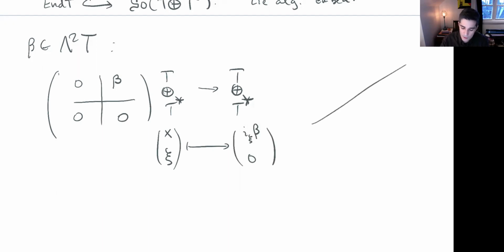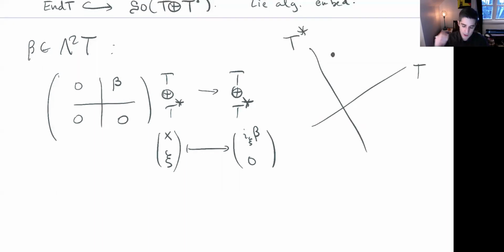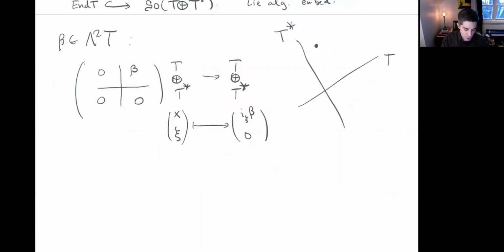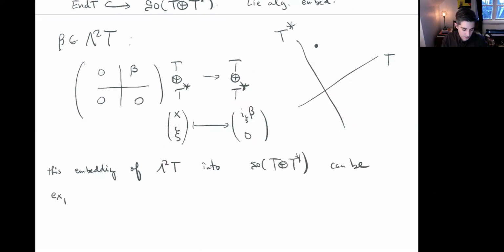So this is more interesting because T and T star are not individually preserved by this transformation. If you have a tangent plus cotangent vector, and you apply this beta to it, then it will. Well, actually, this is the Lie algebra element, but let's try to exponentiate it. So this embedding of wedge 2t into SO t plus t star can be exponentiated.